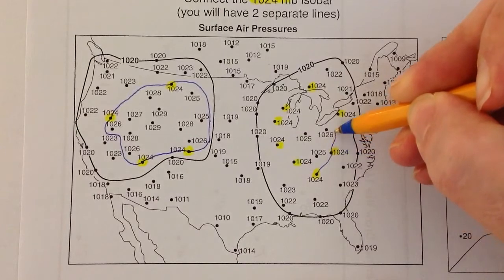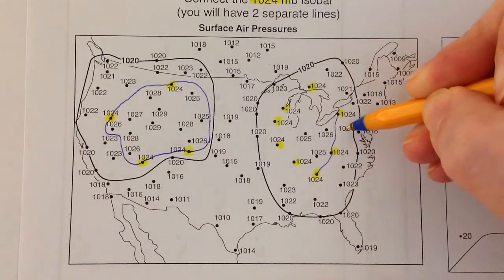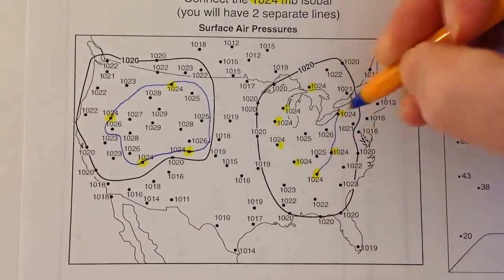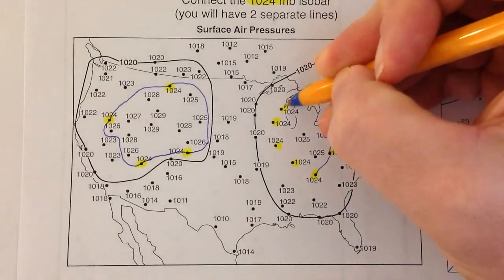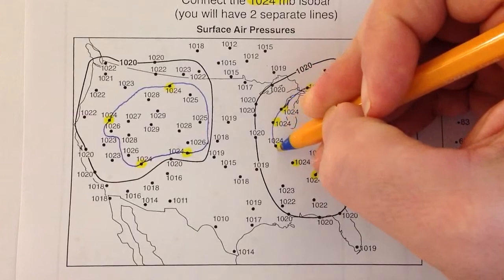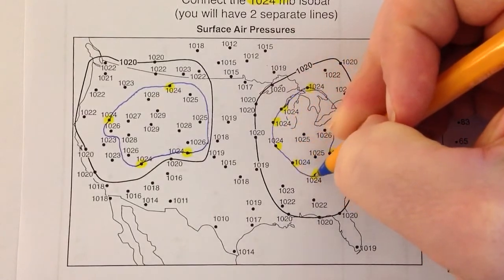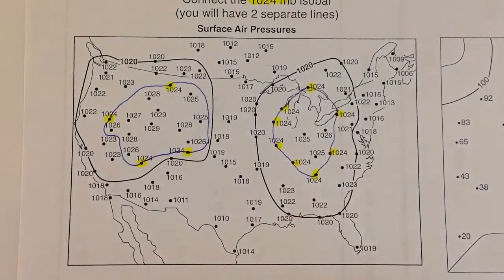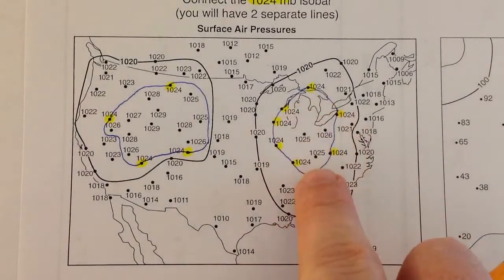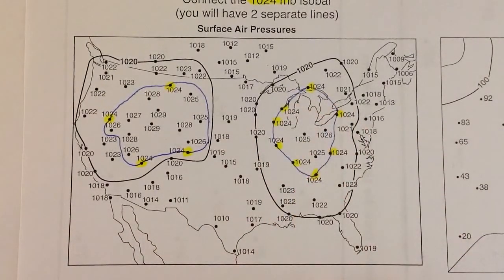I'm going to go between the 1021 here and the 1026. I'm going to bring this up like so, and then down, connecting each one, making sure my line goes through the point. And again, no intersection of lines here. These are going to connect upon themselves within the map. Those are called isobars. Equal pressure.